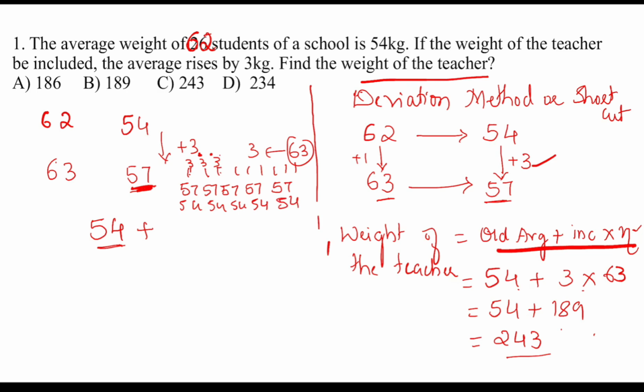So a 3 increment for each person means how much? 3 into 63. 63 members are there and 3 kg is increasing for each person. When you multiply this, it is 189. So this 189 plus the previous average will give us the weight of the teacher.